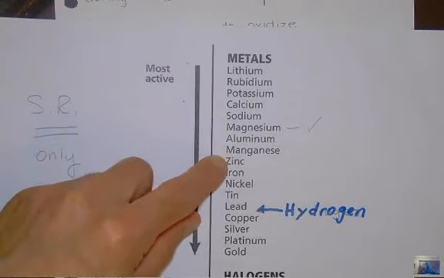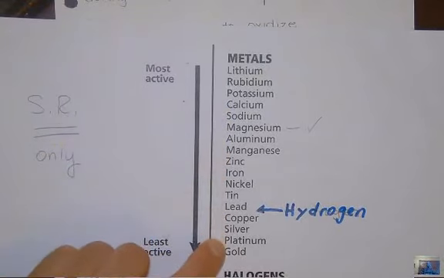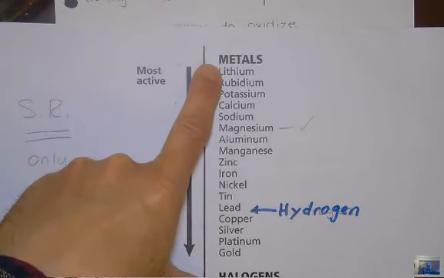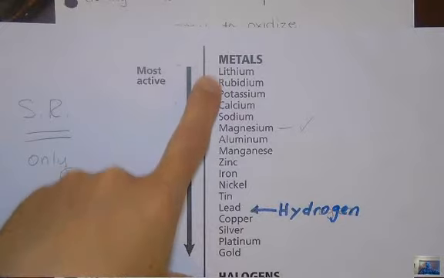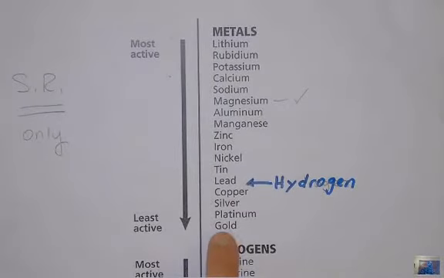Aluminum sneaks in there, then magnesium, zinc, iron, nickel, tin, then lead, copper, silver, platinum, and gold. These are great at oxidizing, which means they're great reducing agents. These guys down here, gold, is terrible at being oxidized. Therefore, it can't reduce anything, which is good. We don't want gold to react.